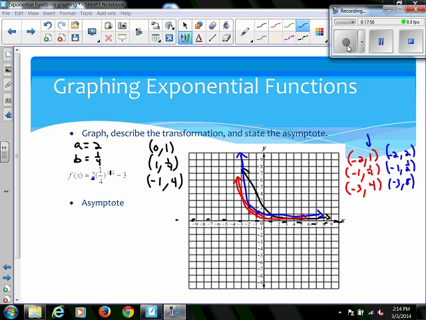But now we have this subtract 3, so I'm going to shift my asymptote down 3 units. So that's y equals negative 3. I'm going to shift all these points down 3 units.